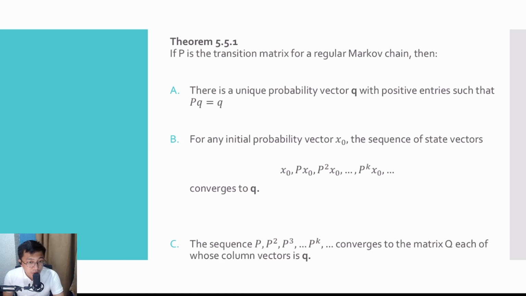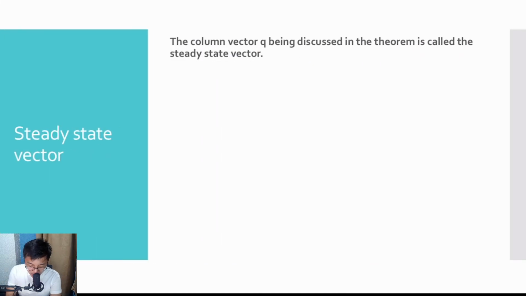So let's see how this theorem is helpful. Okay. So what is a steady state vector? The column vector Q being discussed in the theorem is called the steady state vector. So for example, we have a regular Markov chain. We say that this vector Q satisfies this equation. Okay.